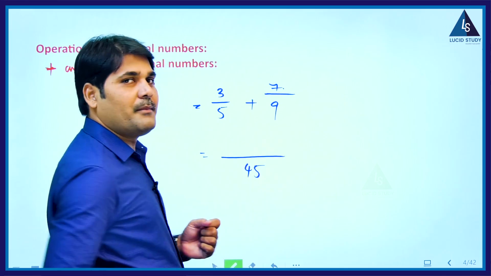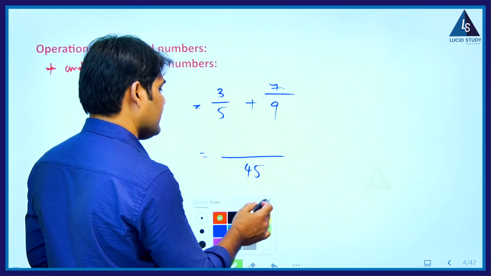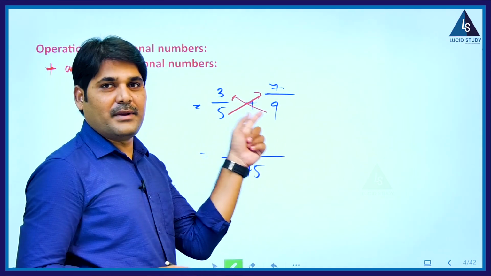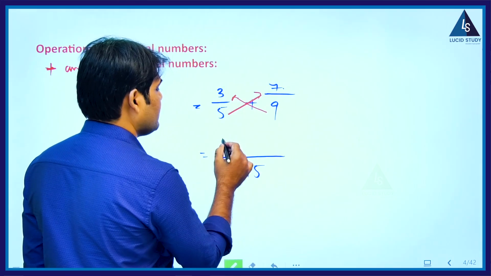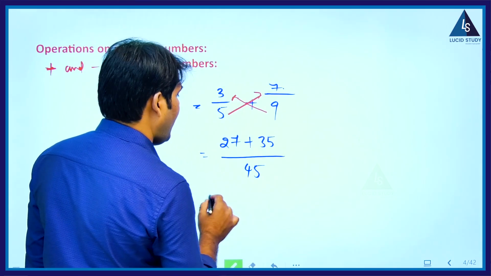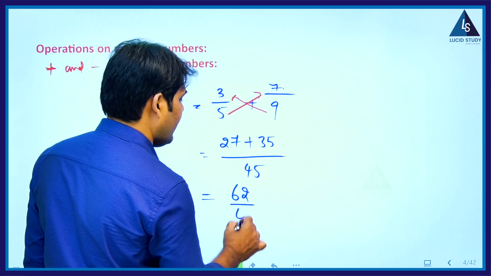Just multiply the denominators, then do cross multiplication of the denominators and numerators like this. So like this, if you multiply and in between sign is plus, so if you do it, it will be more easy. Okay. Now 9 3s are 27 plus 5 7s are 35. If you add these two, 62 upon 45.